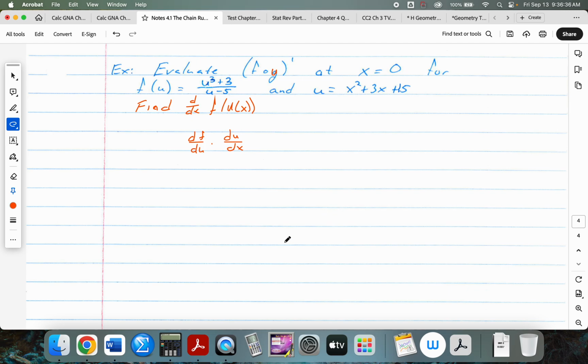This is where Leibniz notation is helpful. So that's going to be the derivative of f with respect to u. I'm going to have to use the quotient rule.